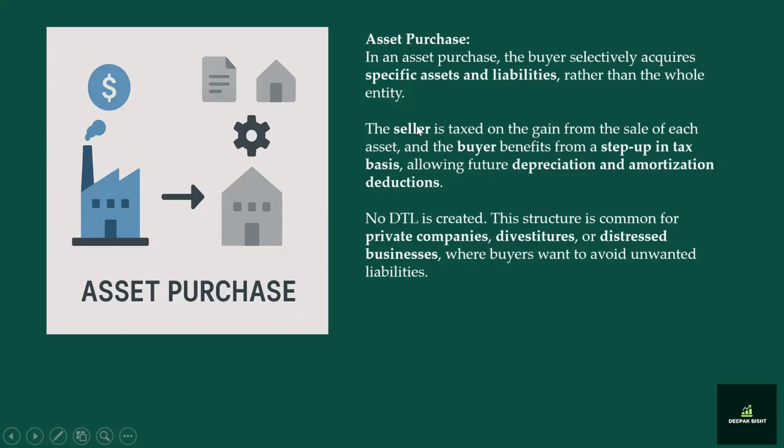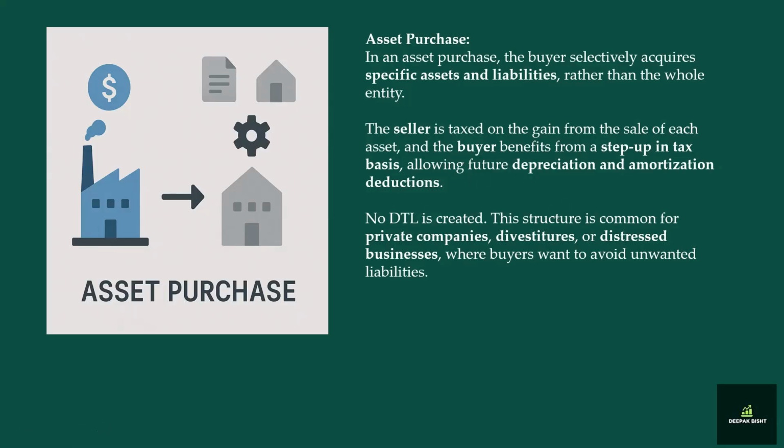And the capital gains on the assets, that's the seller's headache now, to pay taxes on that, not the buyer's. And the buyer can step up, meaning the buyer can revalue the assets at fair market price. If he is stepping up, the future depreciation and amortization deductions will increase. So this will give them a deferred tax asset in the future.